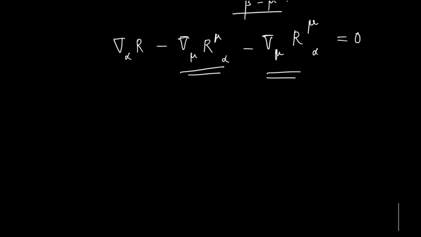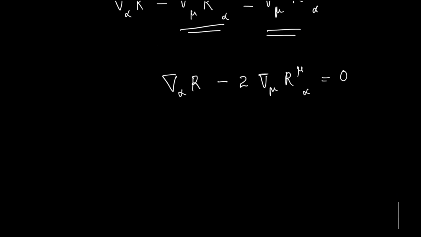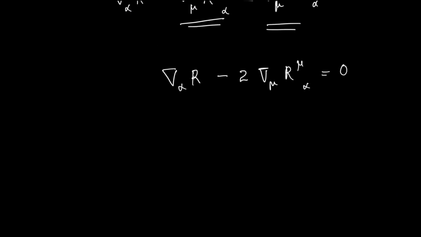So I can add minus 2 times R mu alpha is equal to 0. Or I can take it to the other side and write, this is minus, so I can write R plus R mu alpha.